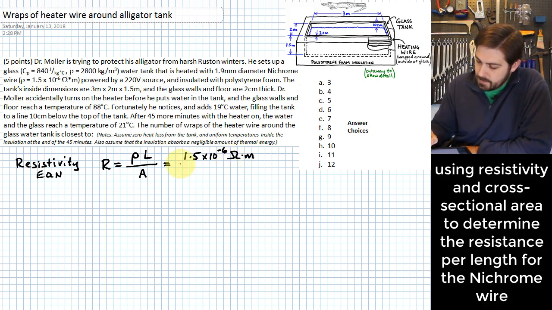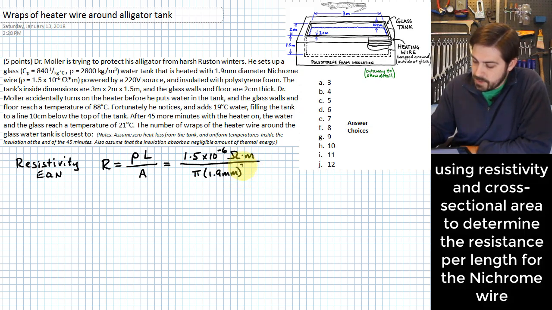If I take that and I divide it by the cross-sectional area of this wire, which we can express with pi times the diameter, up here we see the diameter is 1.9 millimeters. We take that value and square it and divide by 4. That's just the formula for the area of a circle.